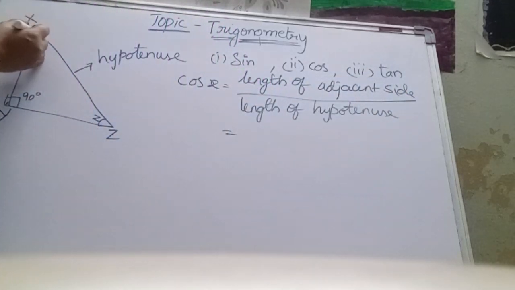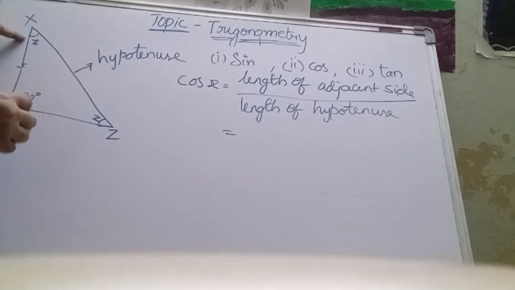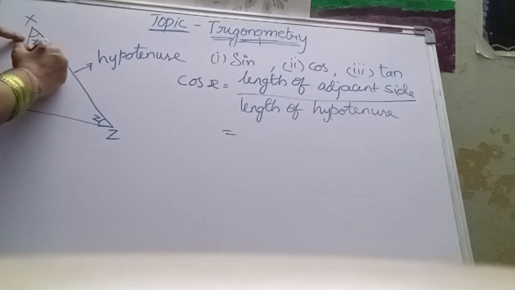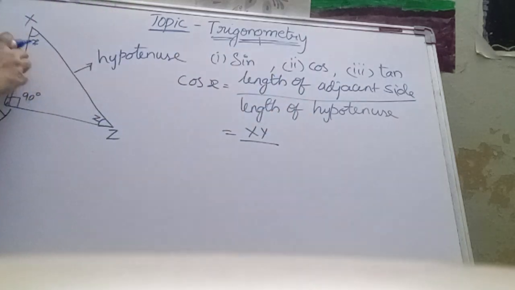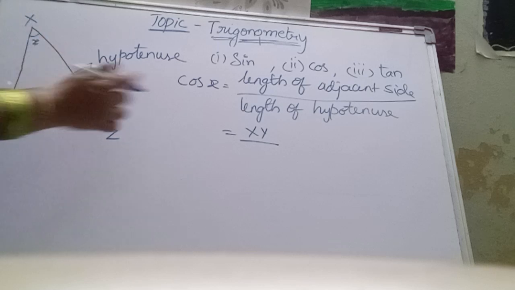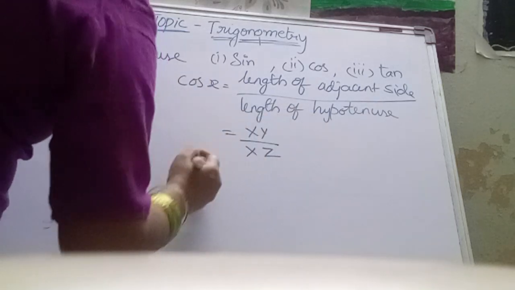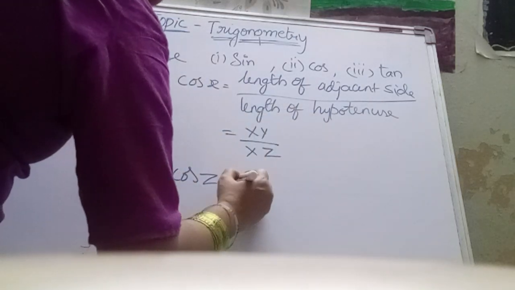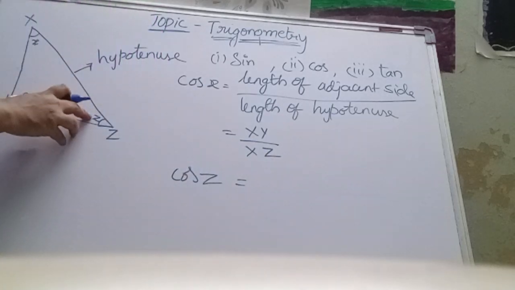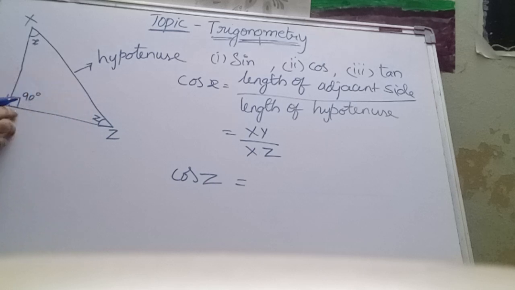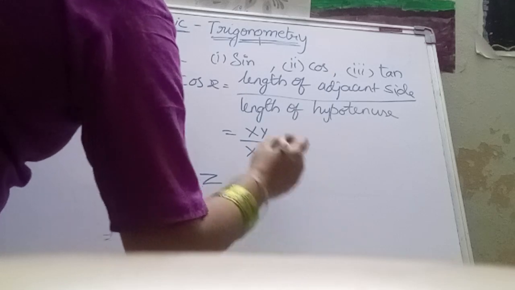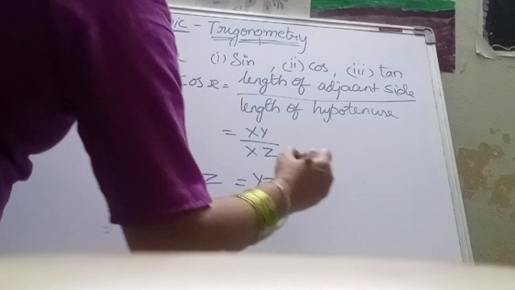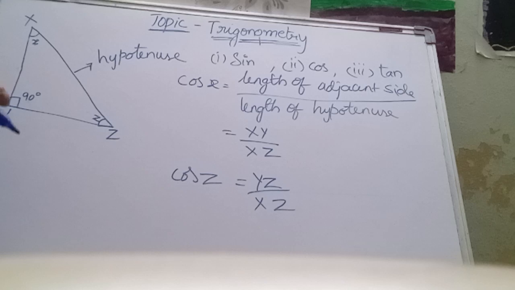So for this x, what is the adjacent side? Xy. So xy by hypotenuse, which for everything is xz only. Next, cos z: what is the adjacent side? Yz is the adjacent side, right? So yz by hypotenuse, again xz. Like this we will take the values.